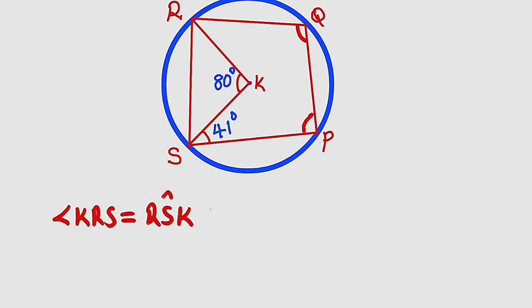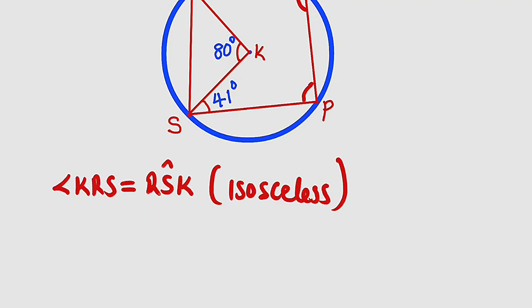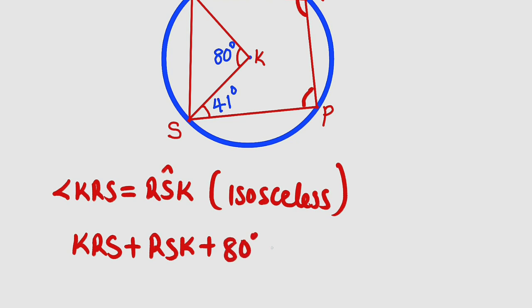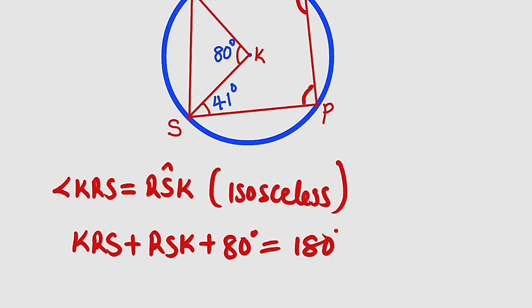Why? Because of isosceles, right? And therefore, we can consider one of them. We can say that KRS plus RSK plus that other angle given to us, which is 80, the whole of this must be 180 degrees.